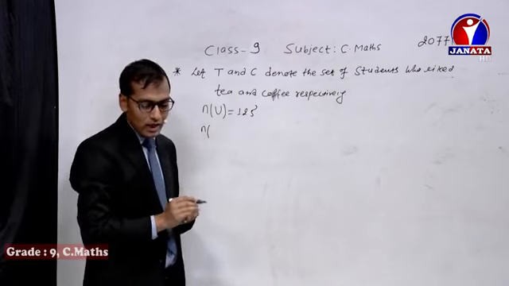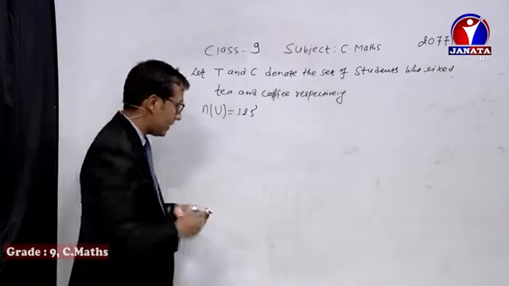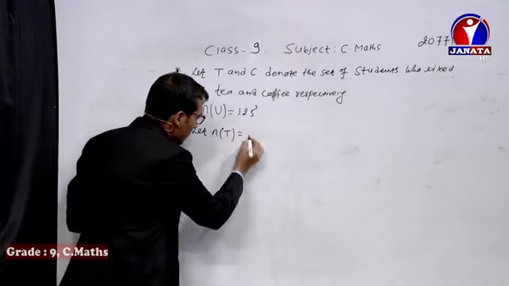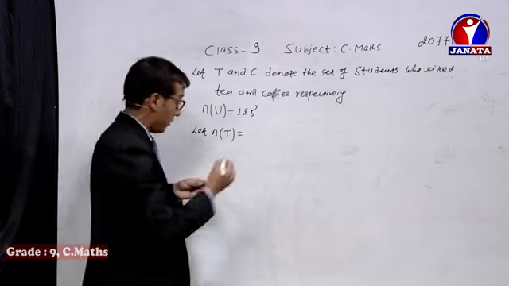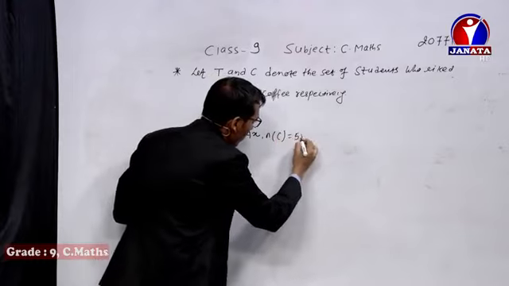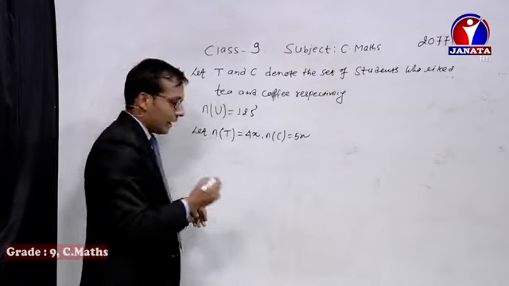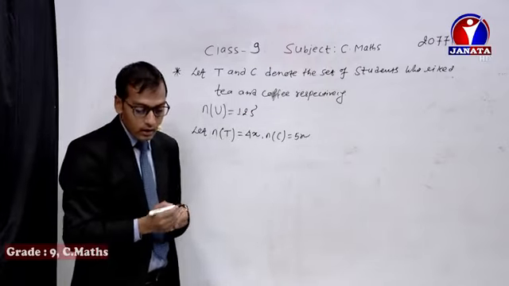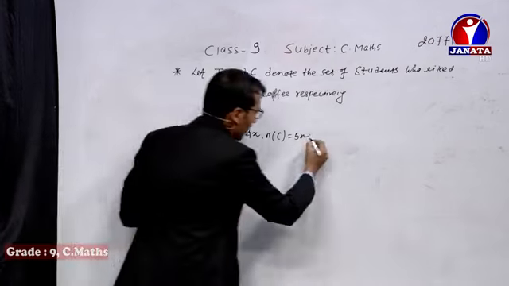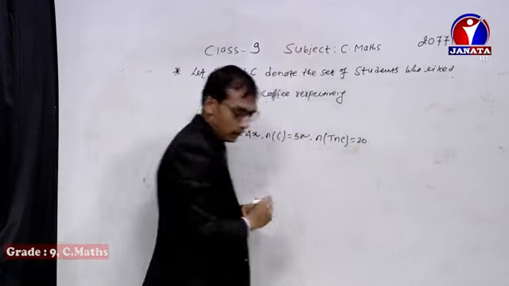If we suppose a common ratio x, we can suppose n of T is 4 times x, and n of C is 5 times x, 4:5. The next information we have is that 20 of them like both drinks. This is the intersection, so n of T intersection C is 20.